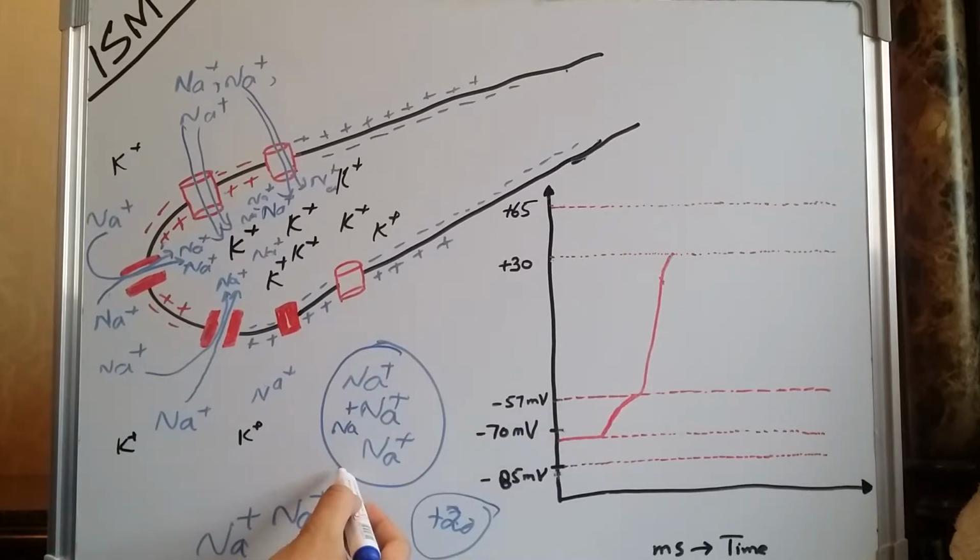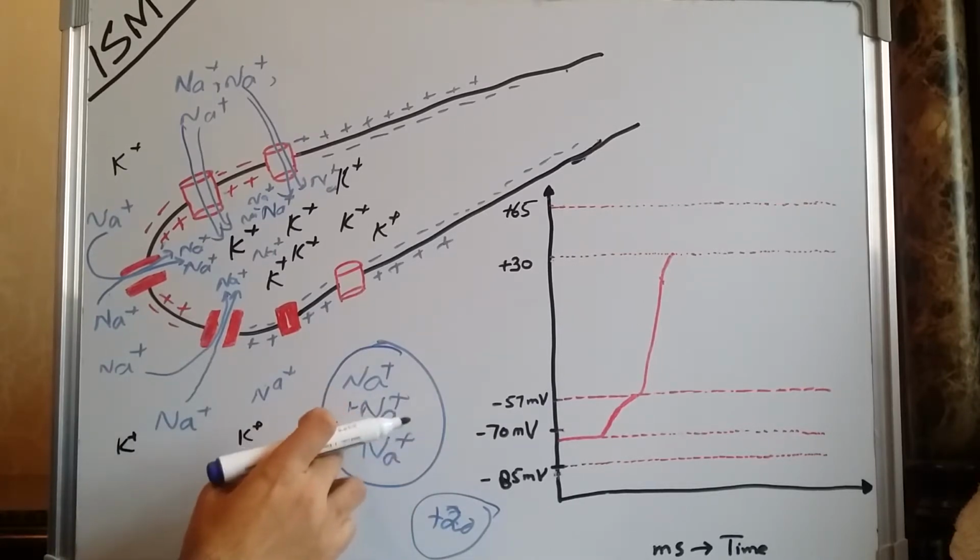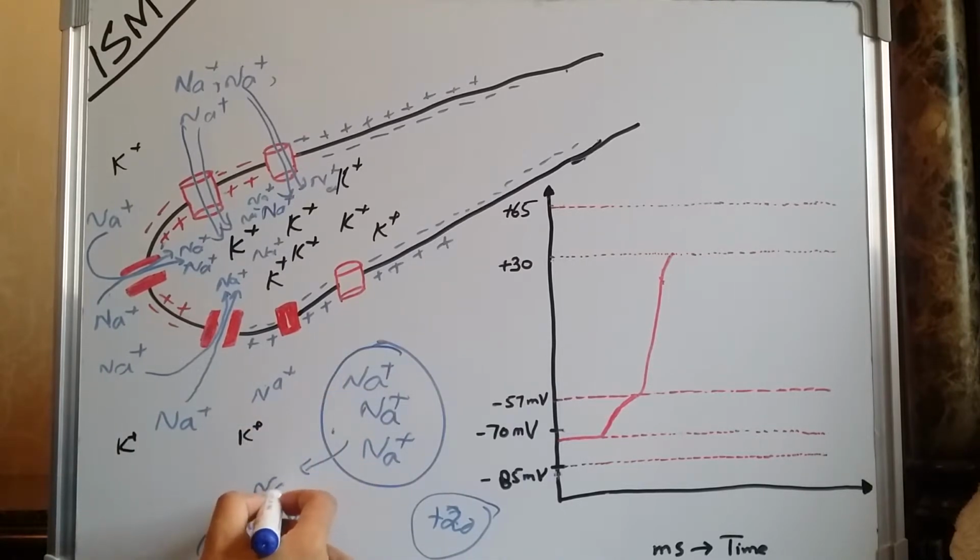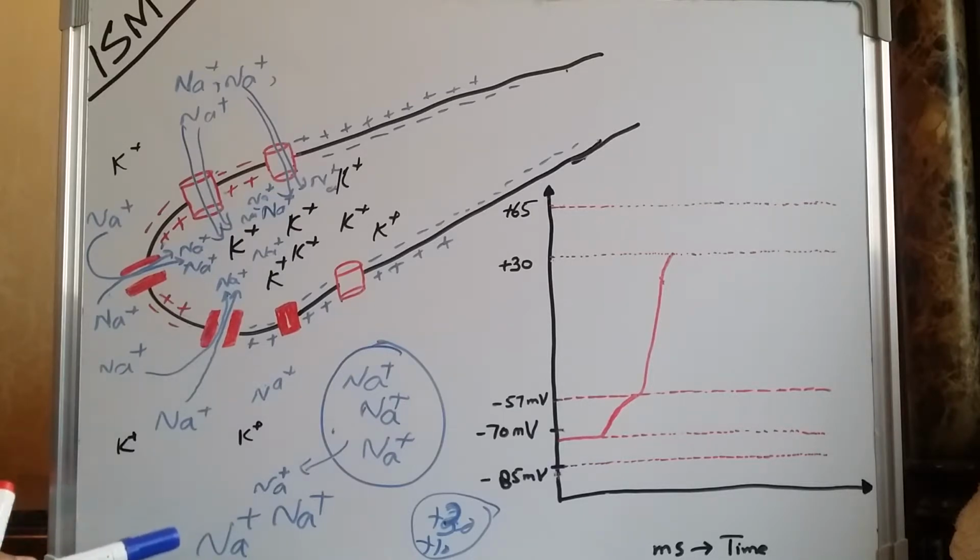Whenever it gets a stimulus or the channels open up, one sodium comes outside, and here it becomes three sodium inside and three sodium outside, and the potential changes to plus 30 or plus 10 or whatever it is. So this is called the equilibrium potential of sodium, because at this specific potential the concentration of the sodium inside and outside is equal. This potential is what we call the equilibrium potential.